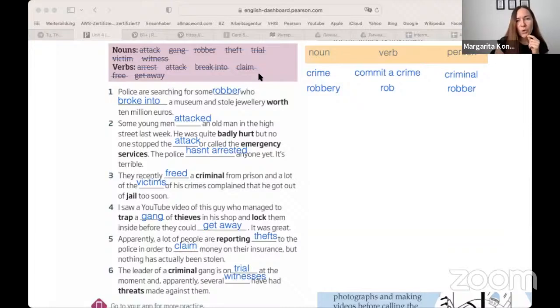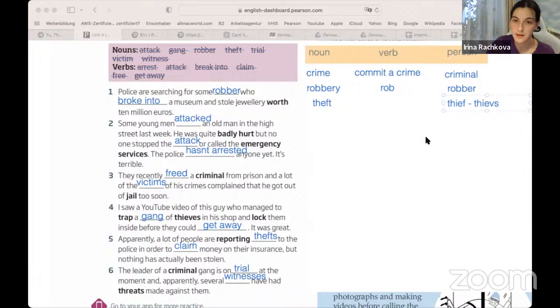Okay. So then, for instance, theft. What is it? Theft is a noun, a type of crime, yes? Very good. What's the person we had there in the sentences? A thief. Yes, a thief is a criminal. Plural form: thieves, with E. What's the verb?